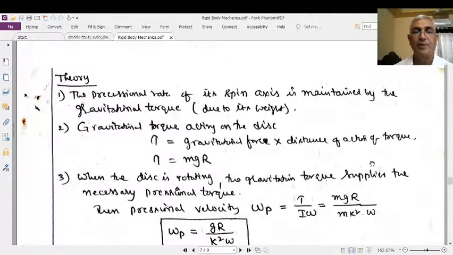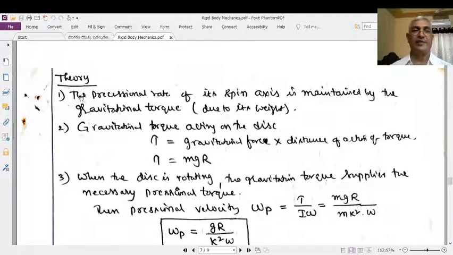Now, when some torque acts in a direction perpendicular to the axis of the spinning disc, the axis makes precessional motion. As it is connected to ring 1 and ring 2, the entire system, axle and rotor, will move up and down. It oscillates, and that kind of motion is known as nutation.